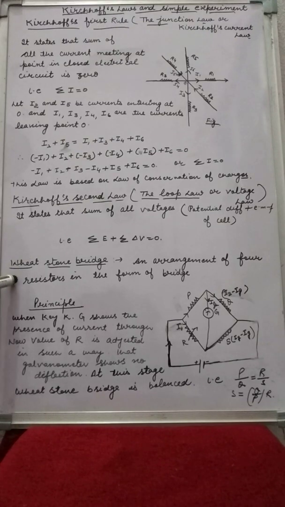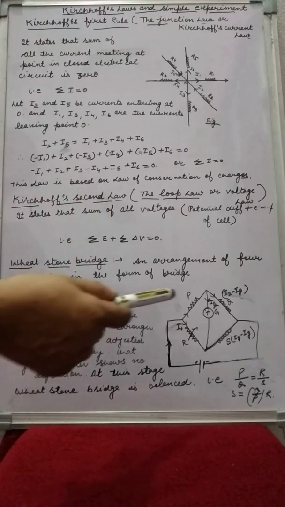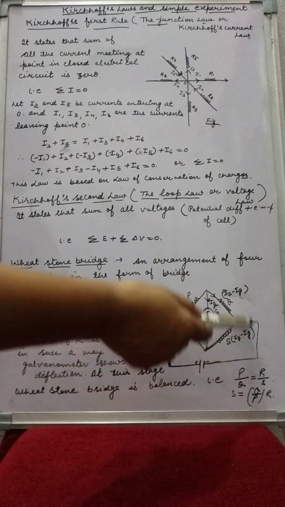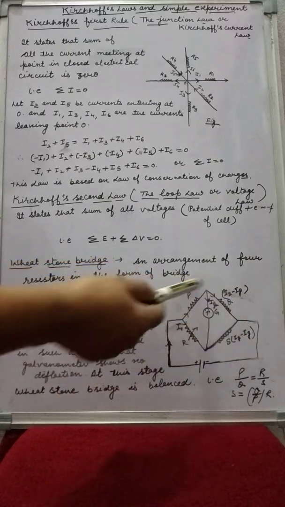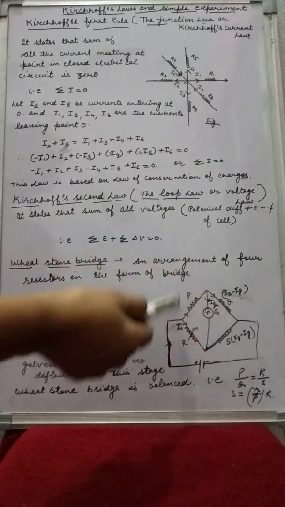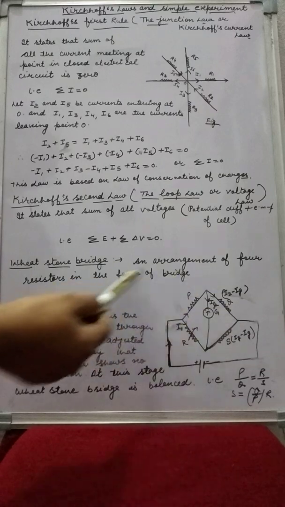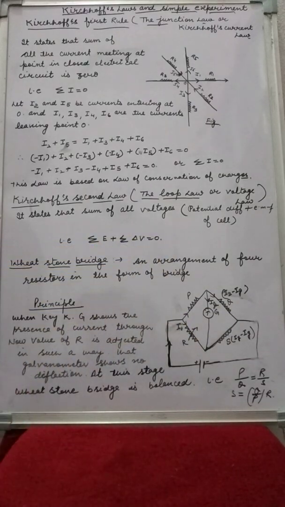Now the next topic is Wheatstone bridge. So what is Wheatstone bridge? Wheatstone bridge is an arrangement of 4 resistors, arranged in the form of a bridge. So this bridge is called the Wheatstone bridge.